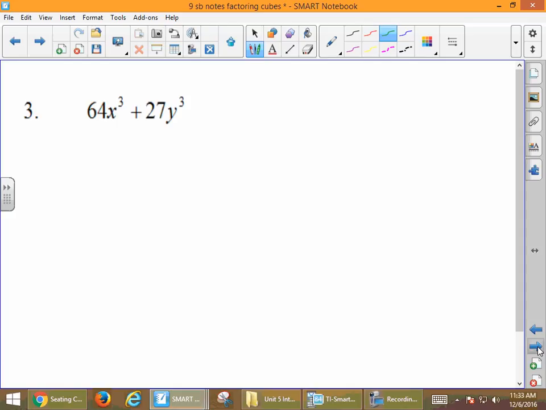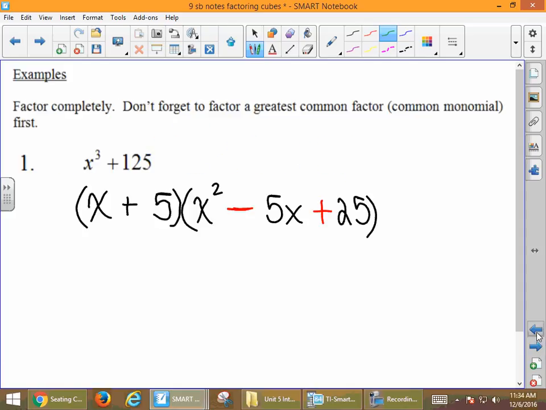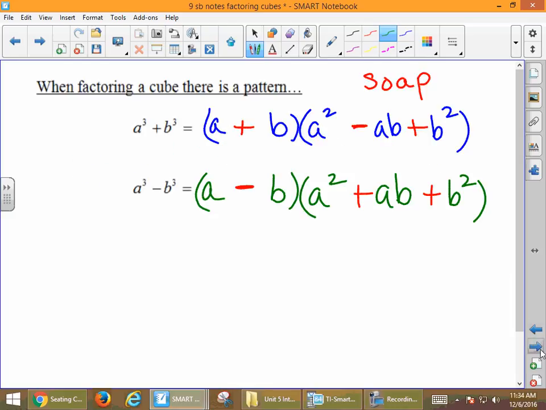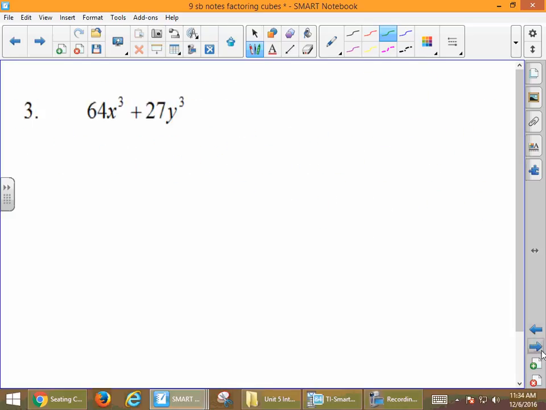As we look at this problem here, do we have a GCF between 64 and 27? No. And in fact, if we go back and look at the top of our paper here, 64 is a perfect cube and 27 is a perfect cube. So we're good there. And we can break this down into a binomial and a trinomial.